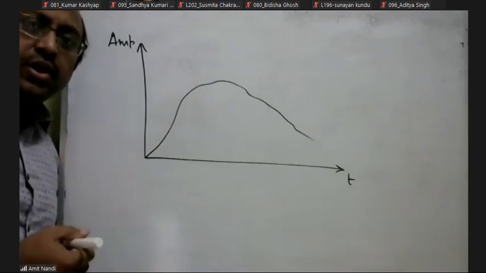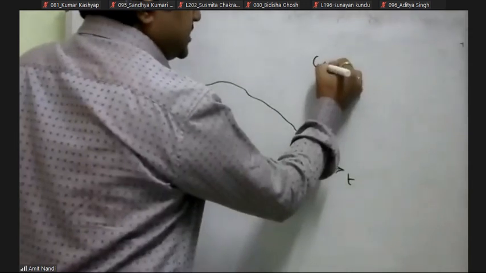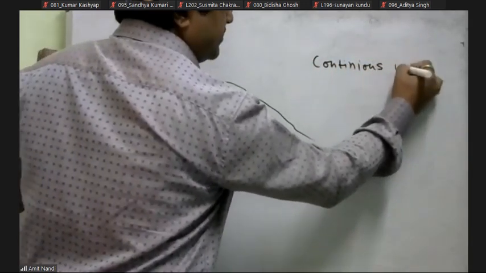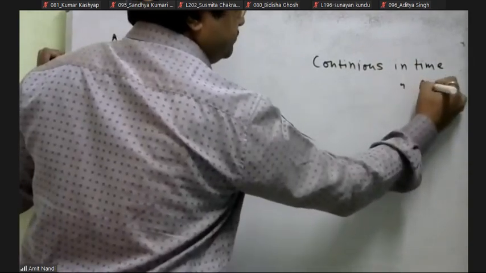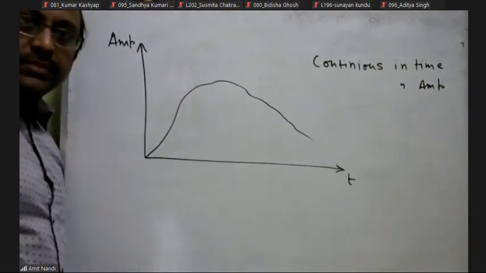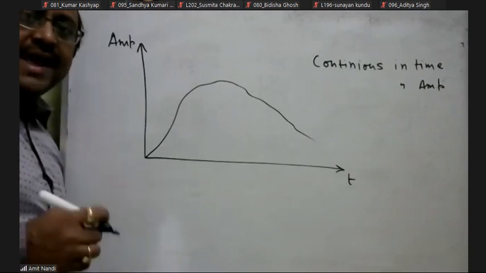For that reason, it is called an analog signal. So analog signal means it is continuous in time and continuous in amplitude.